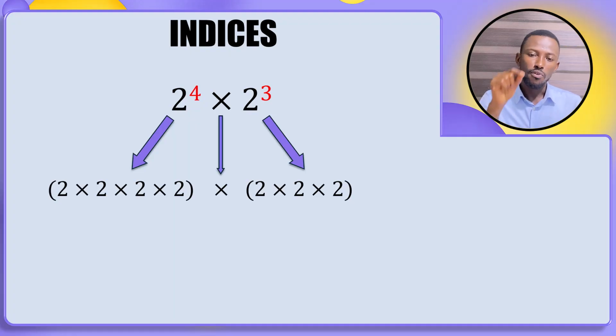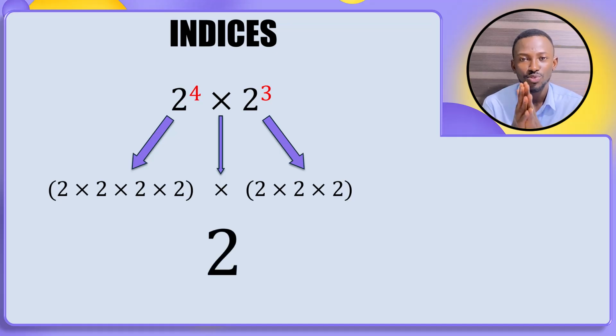So 2 to the power 4 times 2 to the power 3, if you pick them one after the other, you'll realize that 2 to the power 4 can be written this way and 2 to the power 3 can be written that way. Now look at the numbers. You can see that we only have 2 throughout. The only factor there is 2, so let's write it out. Now count the number of times 2 appears.